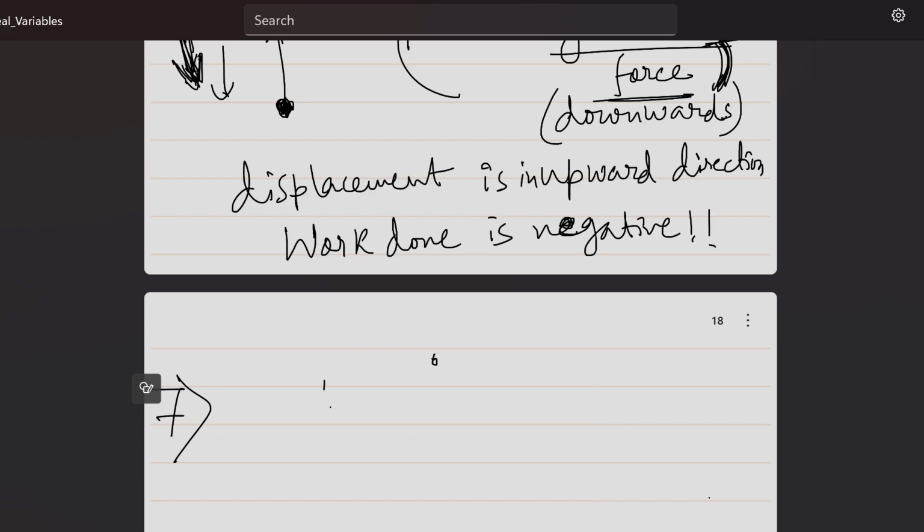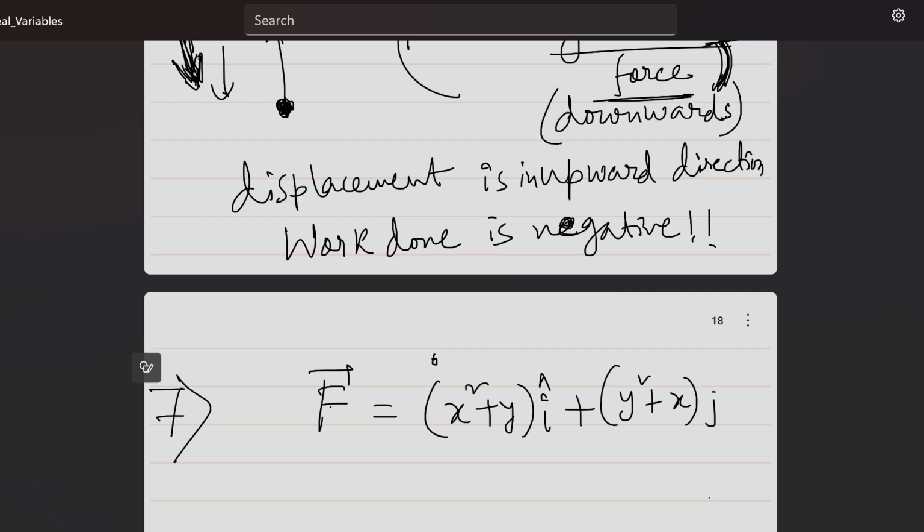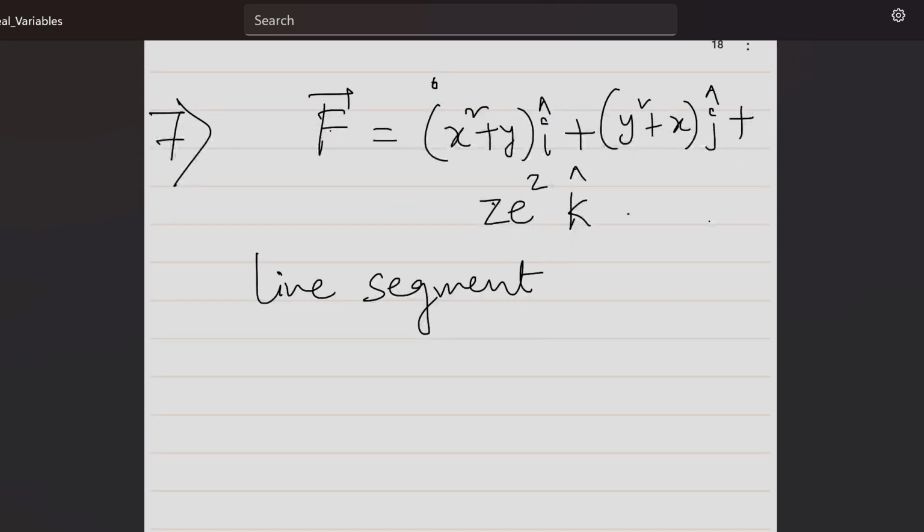The force F is x square plus y i plus y square plus x j plus z e power z k. The line segment is x equal to 1, y equal to 0, and z from 0 to 1.